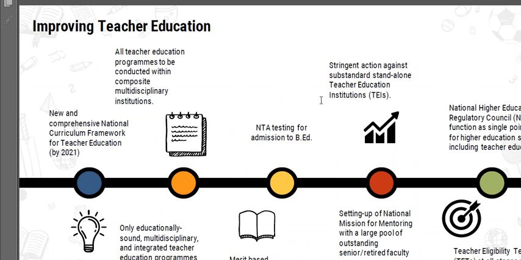Then comes improving teacher education. It has many points. All teacher education programs must be conducted within composite multidisciplinary institutions. A new and comprehensive National Curriculum Framework for Teacher Education by 2021. NTA testing for admission to B.Ed. Stringent action against substandard standalone teacher education institutes, TEIs. The National Higher Education Regulatory Council, NHERC, to function as the single point regulator for the higher education sector, including teacher education.